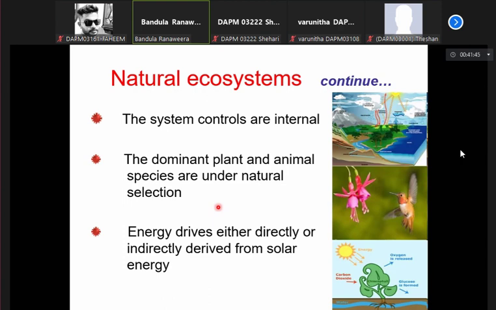But in an agro ecosystem, there can be energy inputs like artificial sunlight, irrigation, and many operations carried out with the power of some energy source.